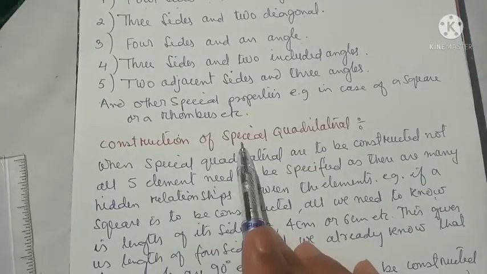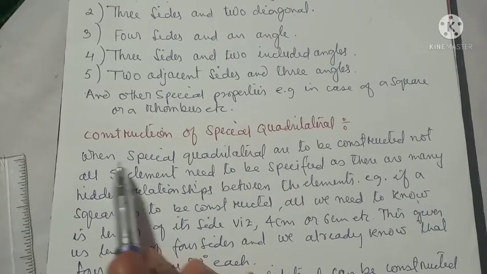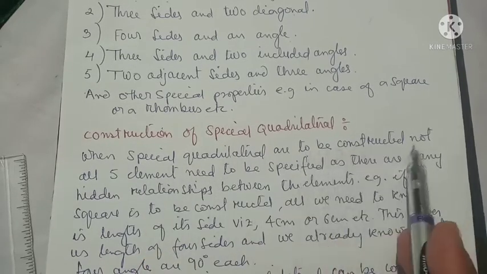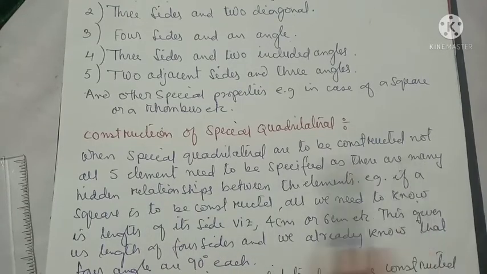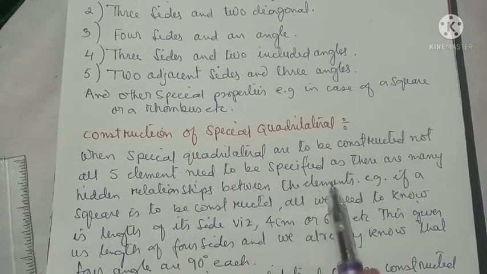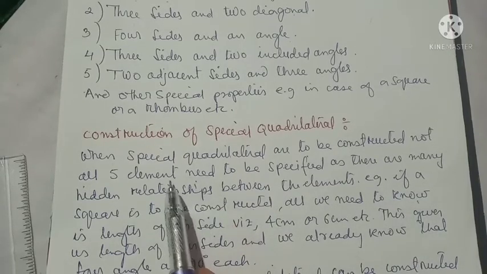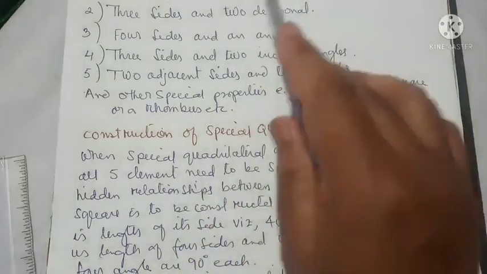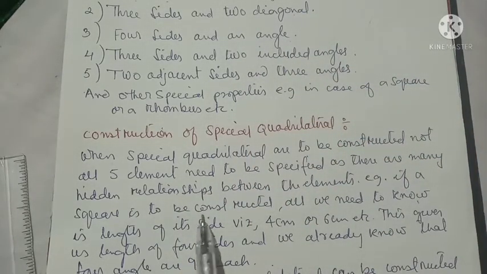Now the last one. Construction of a few special quadrilaterals. When a special quadrilateral is to be constructed, not all 5 elements need to be specified, as there are many hidden relationships between the elements. If a square is to be constructed, we need to know only the length of its side, 4 cm or 6 cm, for example.